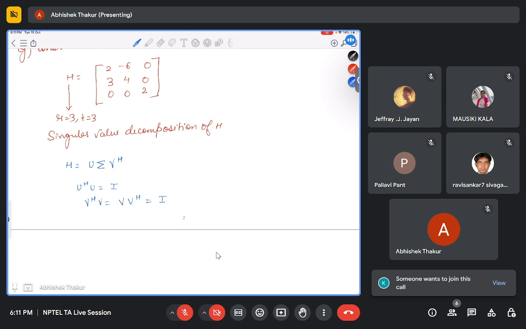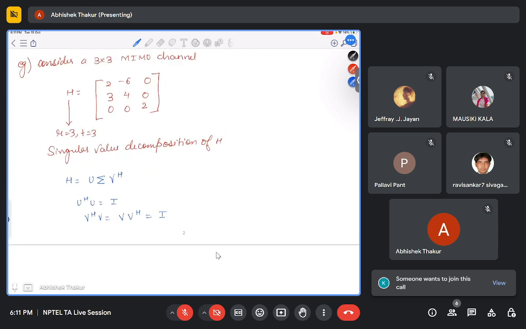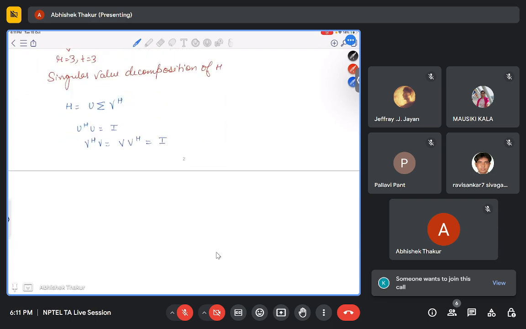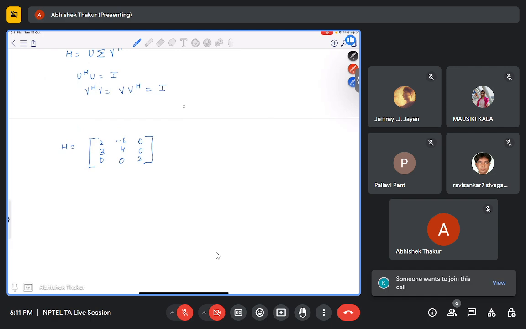So how are we going to break it? As U Hermitian U is given as the identity matrix, first we'll take our channel matrix, that is 2, 3, 0, minus 6, 4, 0, 0, 0, 2. So we will normalize each column.